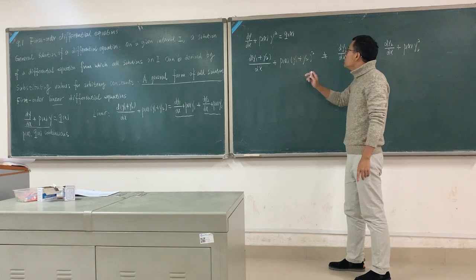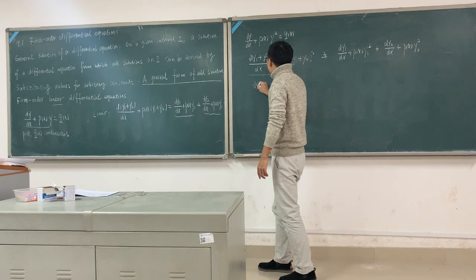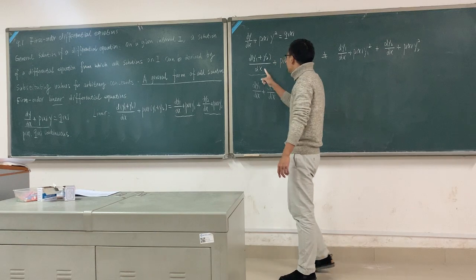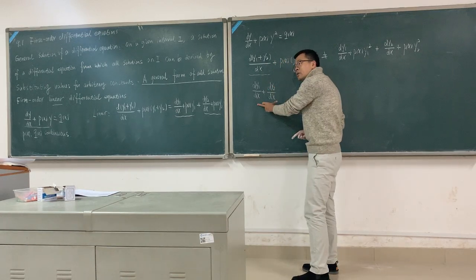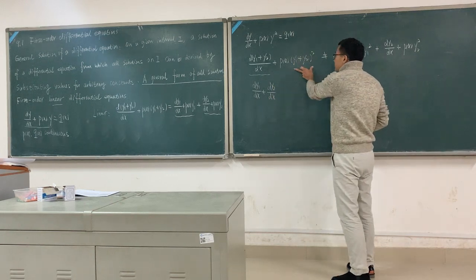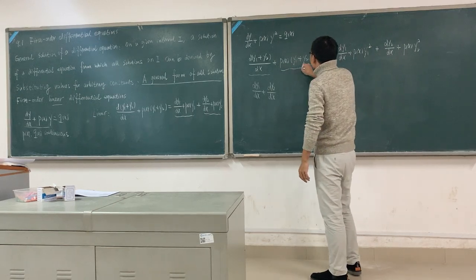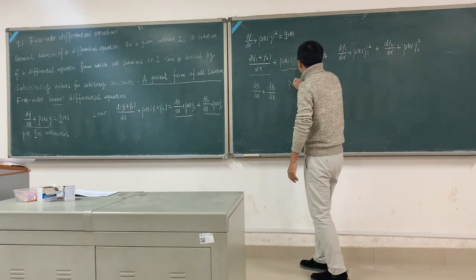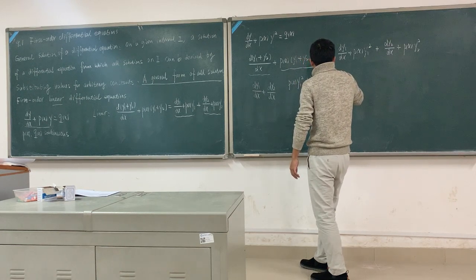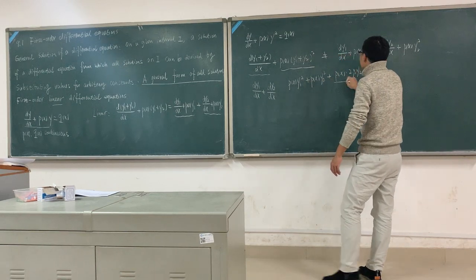The first term actually equals dy1/dx plus dy2/dx. But here we have (y1 plus y2) squared. This part actually is p(x)y1 squared plus p(x)y2 squared plus p(x) times 2y1y2.